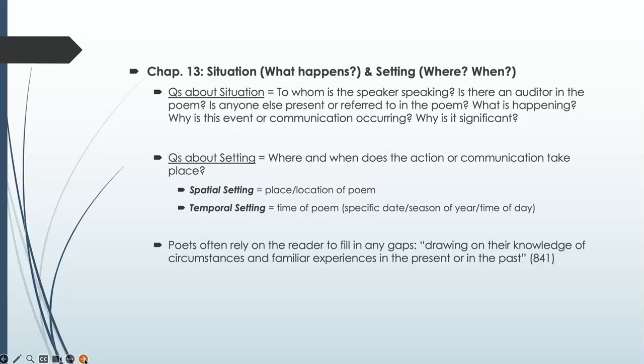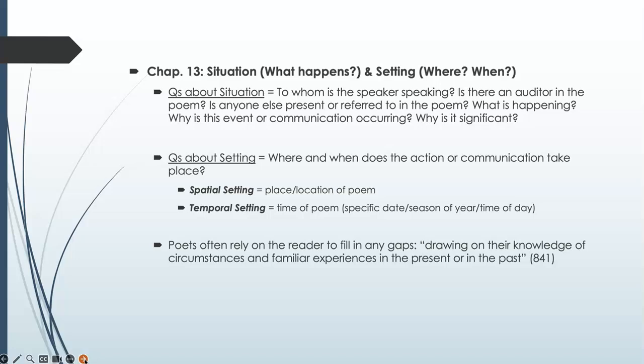And then setting, again, that literally never changes. Where are we? When are we? But we never want to assume that even if a poem was written in 2025, maybe it takes place in 1985, right? It's all about contextual clues. There are poems, I'm forgetting the terminology right now, where they do at the very beginning tell you if it's based on a singular event. So, for example, the inauguration of President Joe Biden.